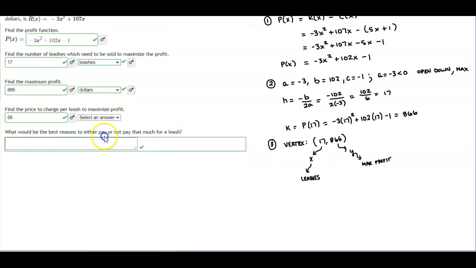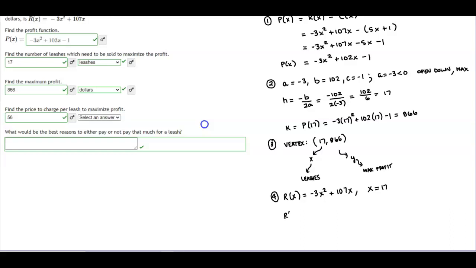Okay, now we need to find the price to charge per leash to maximize the profit. So in order to do that, we need to use the revenue function. So we need the revenue function, which is equal to negative 3x squared plus 107x when the value of x is equal to 17.